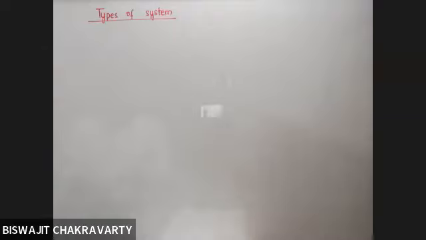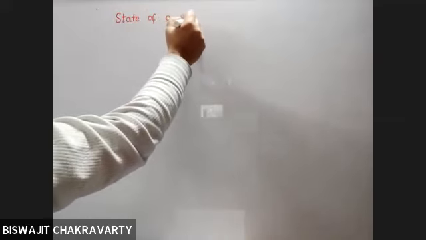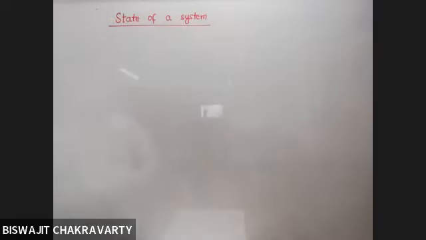After this, we talk about the state of a system. So write down the next topic as state of a system. If we talk about the values of macroscopic properties, what are macroscopic properties?